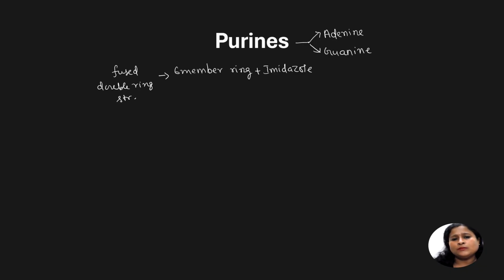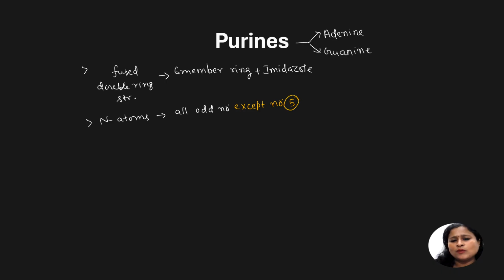Now, next point is, where do we put the nitrogen atoms? The nitrogen atoms you have to put in all odd numbers except number 5.